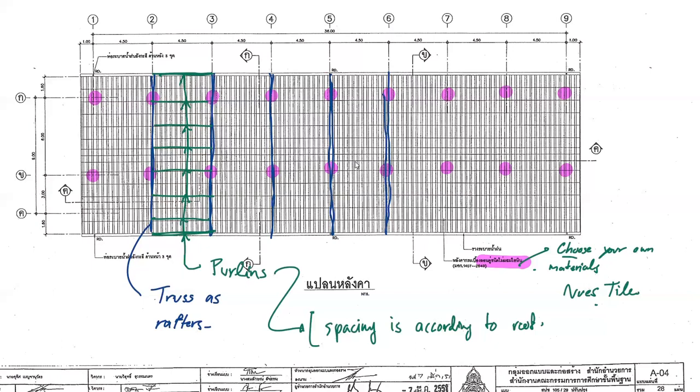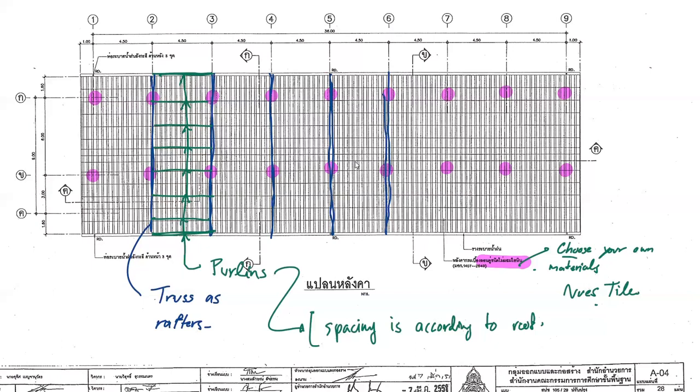Okay, and for example, if you choose this, I need the purlin at every 1.2 meters, but you cannot have spacing larger than the requirement, but you can have it smaller so that you can space them nicely in your roof plan.